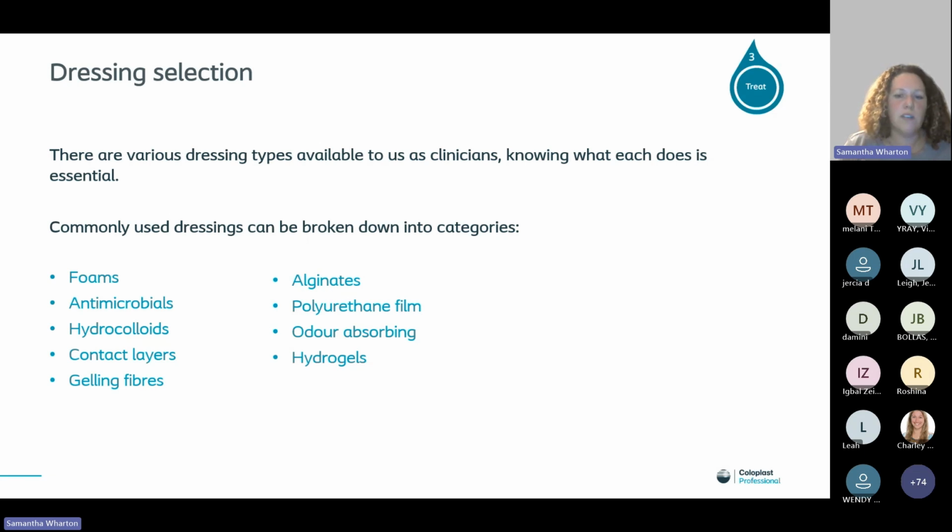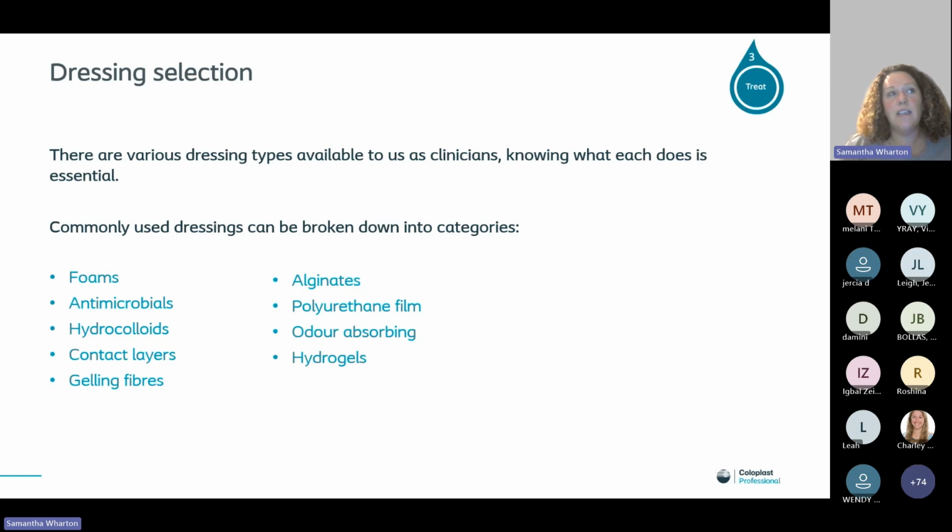What we don't want to do is start layering dressing upon dressing, because that's often where we've not chosen the right dressing, and actually we're having to counteract the dressing by adding another dressing in. For example, if you're using a super absorber but you're having to put a contact layer in because the super absorber is sticking into the wound bed, then that's not the most appropriate dressing for that wound at that point.